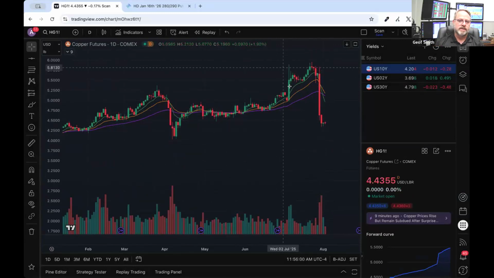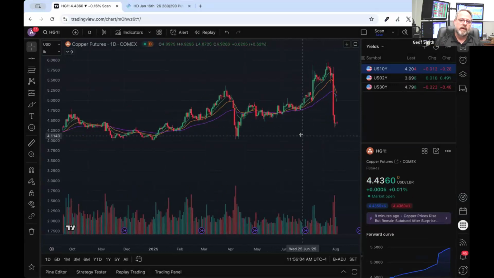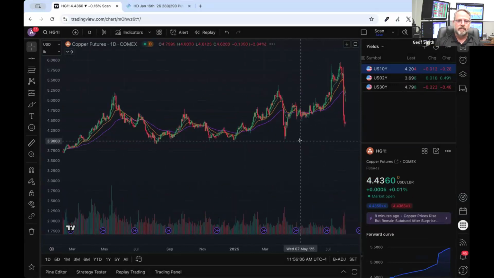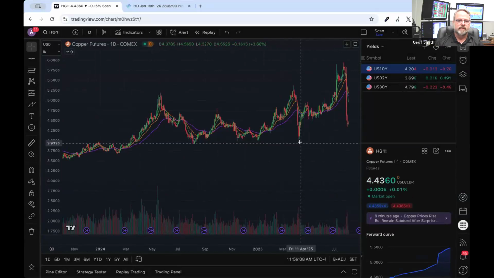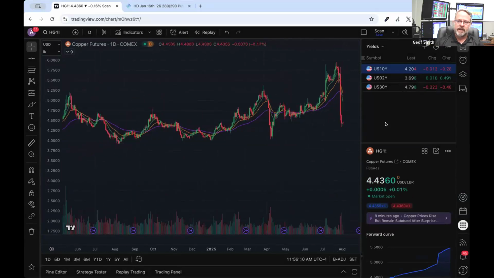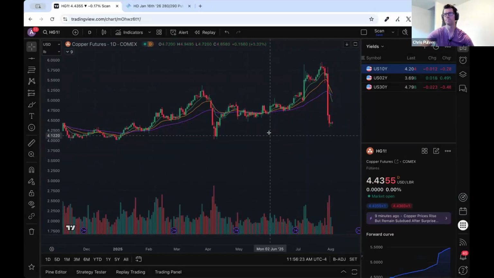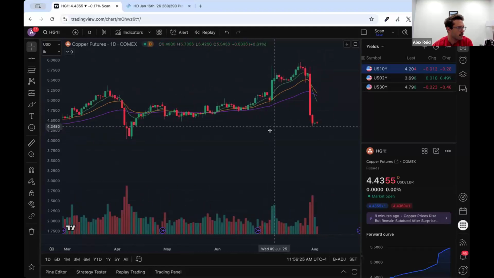One thing I was watching is whether copper could stay above 440, and it has. That was its little spot of, can we get above it? And finally it did, but now we're back down there again. If we can get back above 460, I'm buying COPX, CCJ, all those guys. Pretty wild stuff.